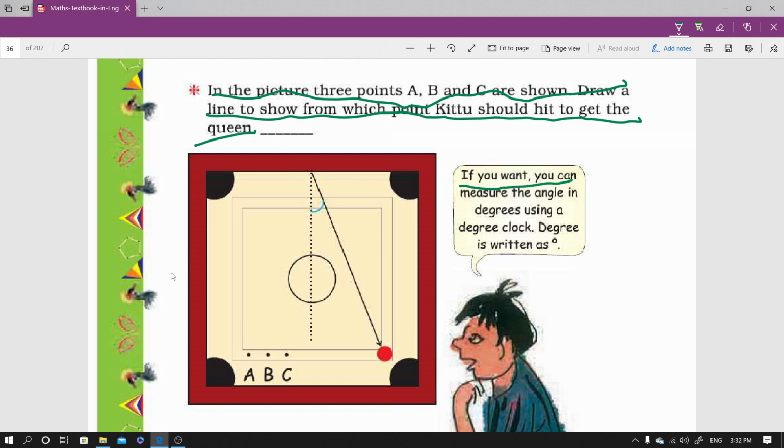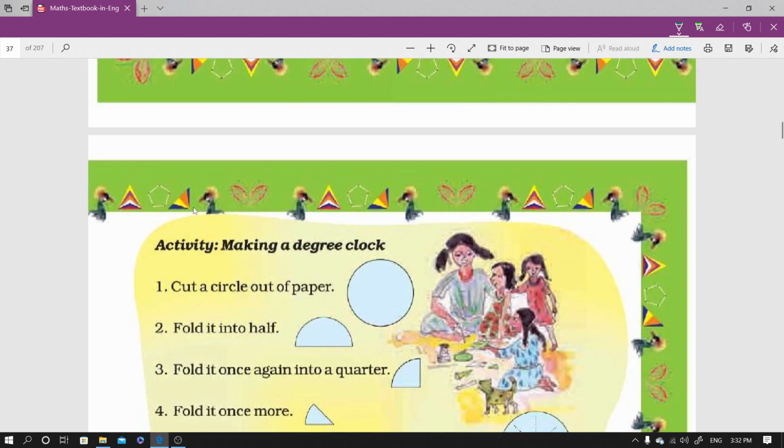If you want, you can measure the angle in degrees using a degree clock. Activity: making a degree clock.